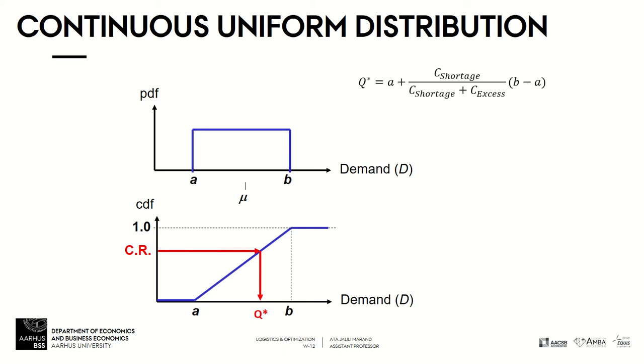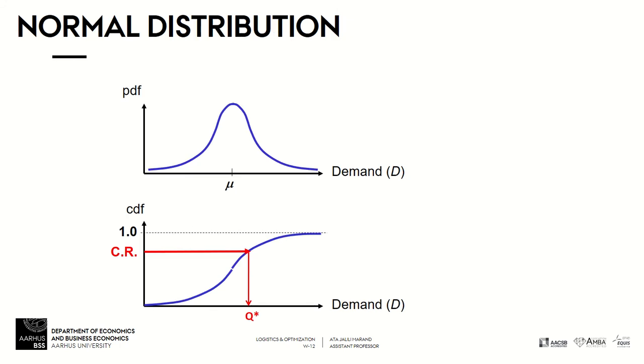For the uniform distribution, if we solve the equation, we will get a Q star, or optimal order quantity, equal to this expression that we can see here. Here, A and B are the starting point and ending point of the interval over which the demand is defined. For the normal distribution, we need mu, the mean of the demand, and sigma, the standard deviation of the demand.